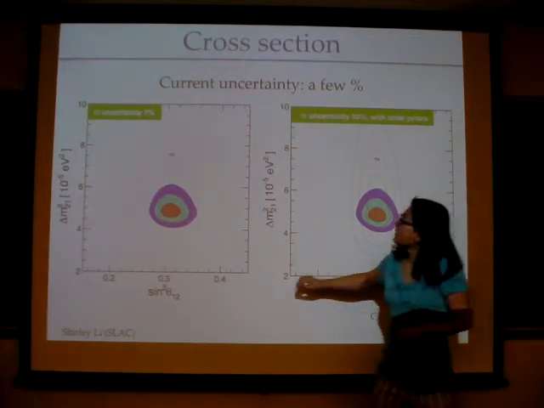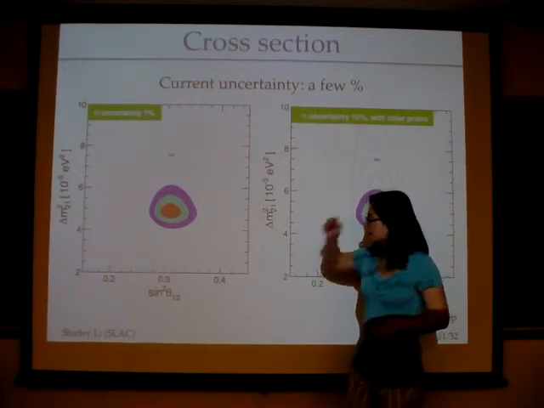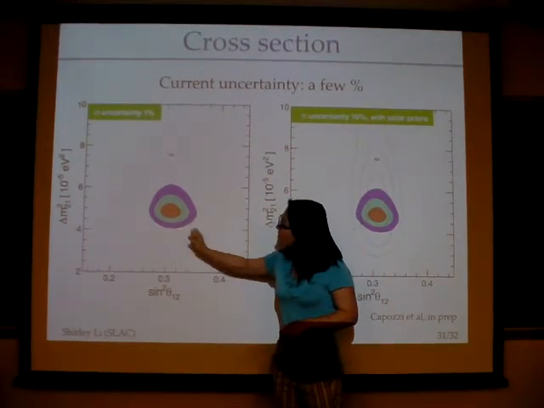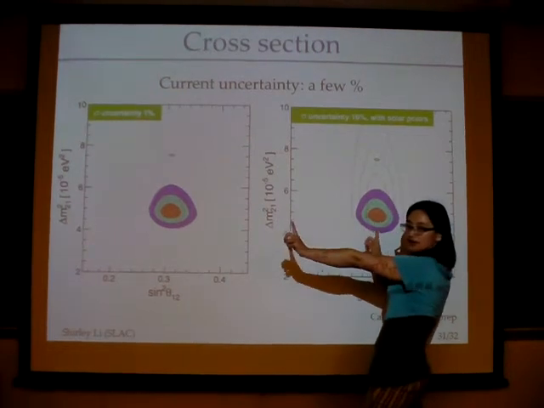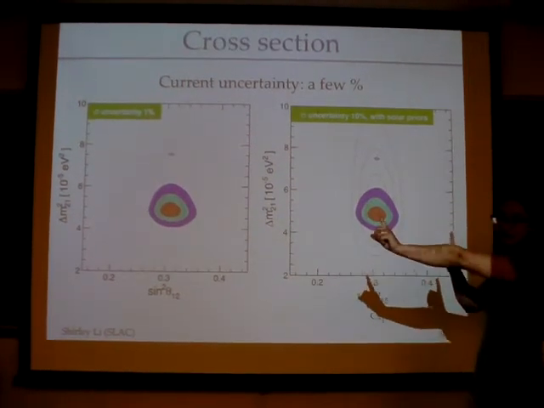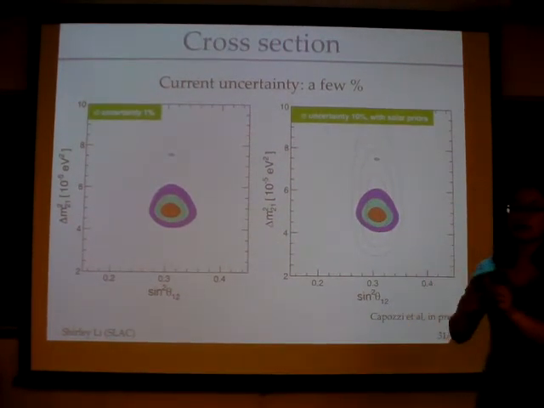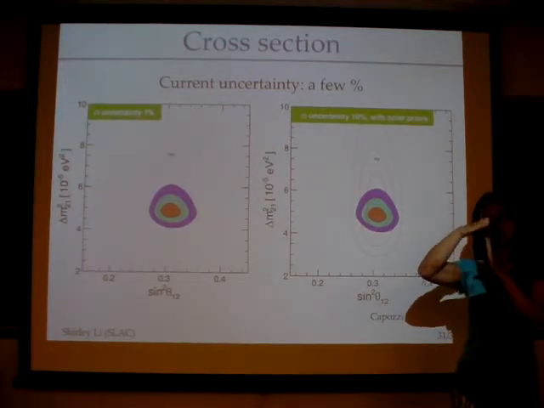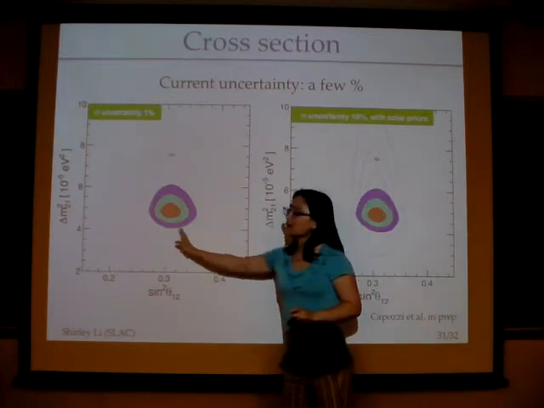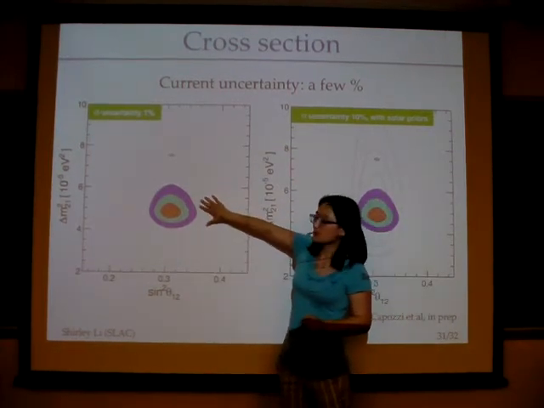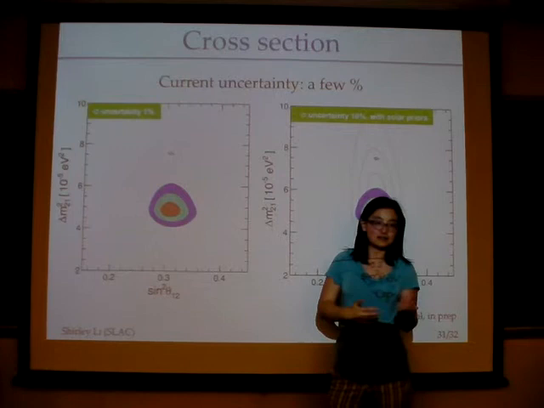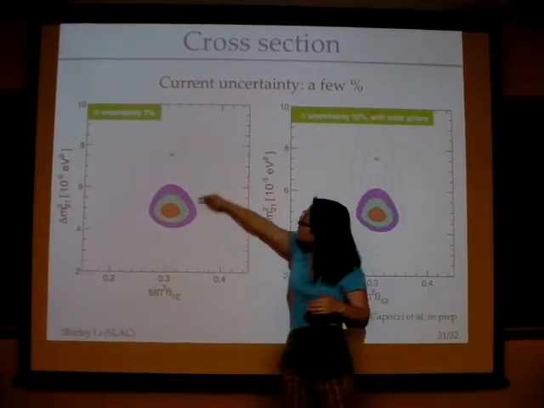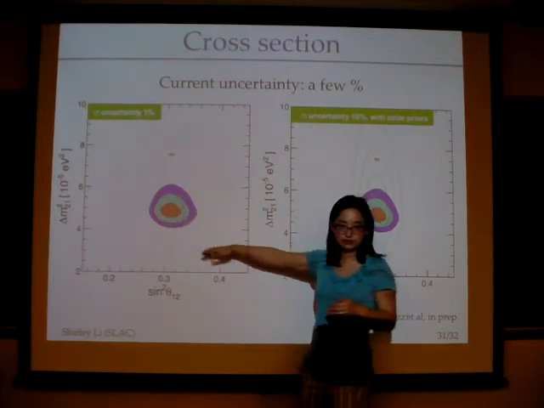And if we think the cross-section uncertainty is 1%, the colored region is what we get compared to the black dotted line. So what you see is it gets fatter. And the reason it's on the angle is that the sensitivity really comes from charged current crossing electron scattering. So if you move the charged current normalization, then that will make the angle worse. But because the delta M sensitivity really comes from day-night asymmetry, that's just in charged current, so that essentially cancels. So you don't really degrade in the vertical range.